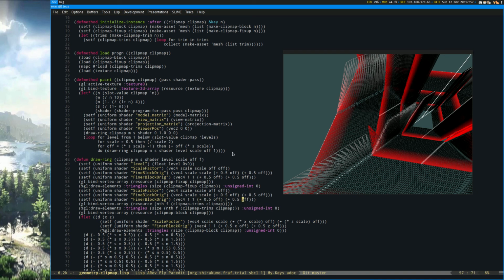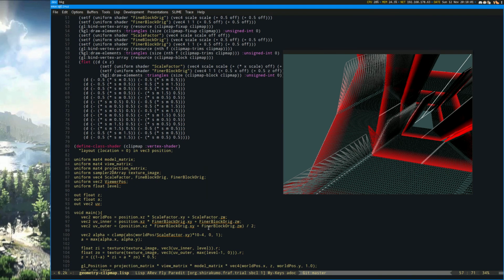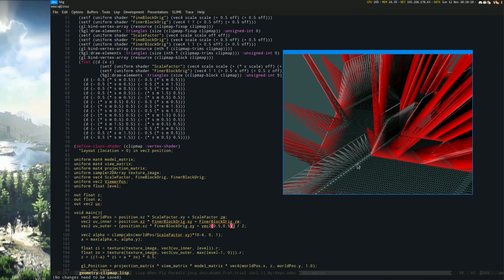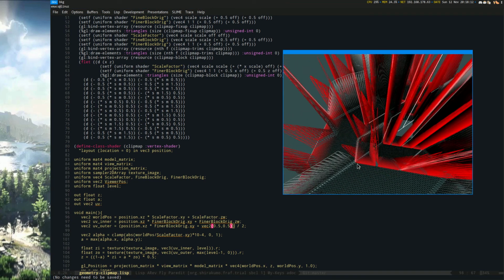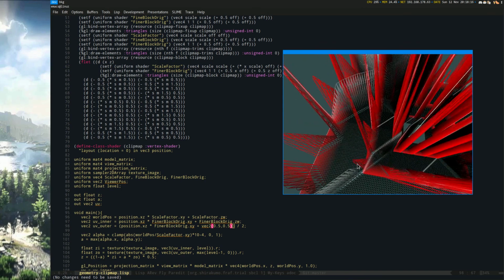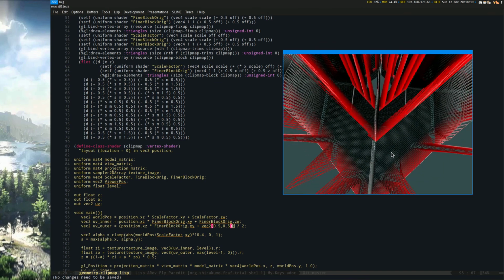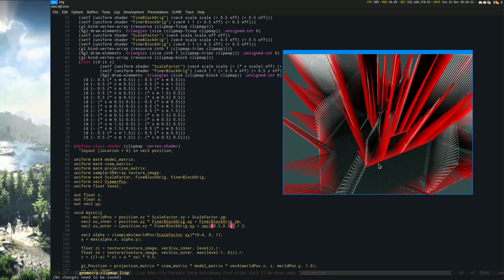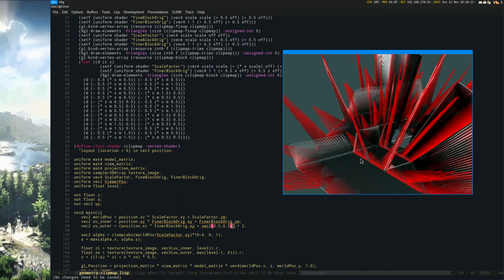Oh, it's because of the 0.5 that removing the offset completely doesn't work. So if I do this instead, what happens? Crazy stuff. Somewhat less crazy than before, but still crazy. Okay. Interesting.